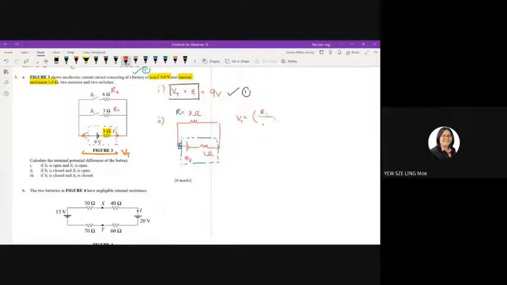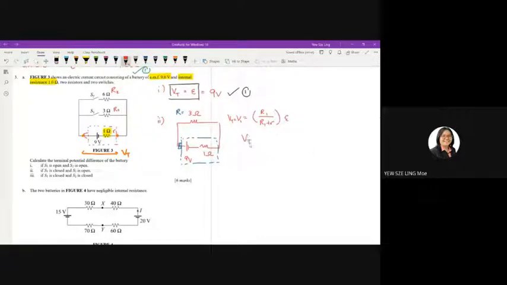So R1 over, now actually you are determining the V for 1, but this V1 at the same time is your V terminal. So V terminal is actually your V1, which equals R1 over, now in the whole circuit you have R1 and small letter r, so R1 plus r, times the EMF.